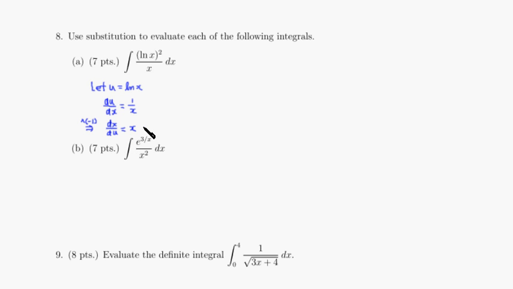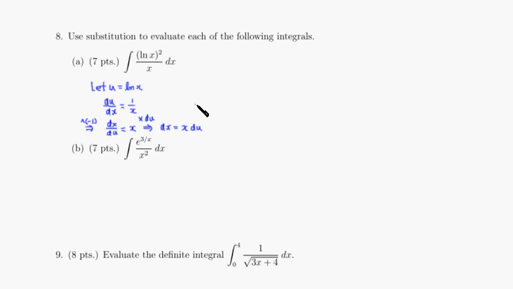Then we can just multiply through by du, so you will get dx is equal to x times du.